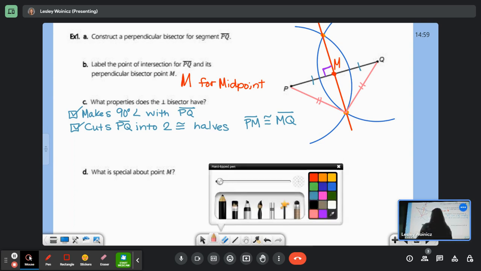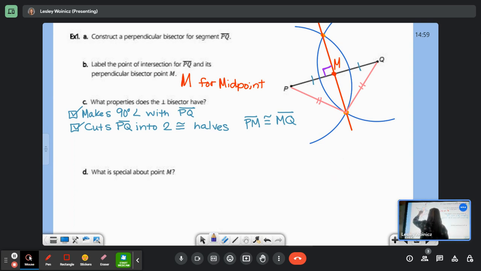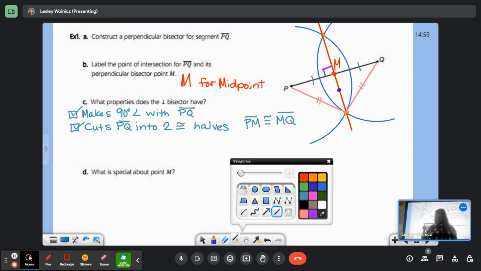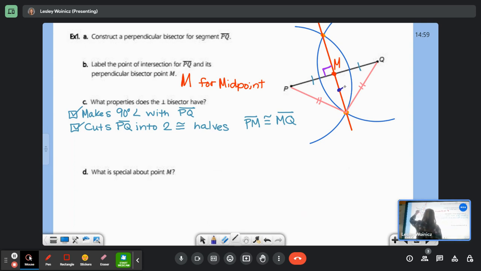Any point that I pick on this perpendicular bisector is going to be equidistant from P and Q. Okay, so these two are also equal to each other. Any point I pick on that perpendicular bisector is the same distance from P as it is from Q. Everybody okay with that?